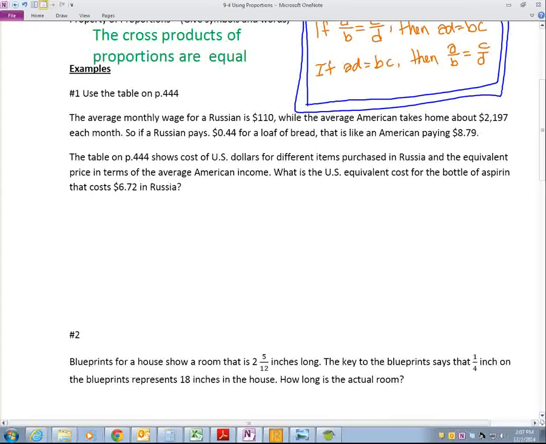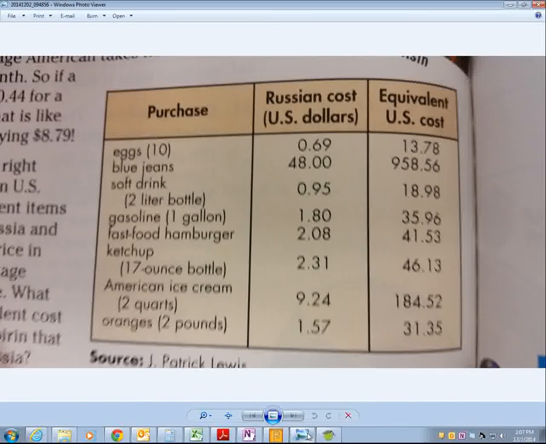That is a lot. Now, to put it into more perspective for you, just imagine that you were buying blue jeans. If you bought blue jeans for $48 Russian cost, look how much of a dent that would put in your wallet this month. Designer, ridiculous price jeans.